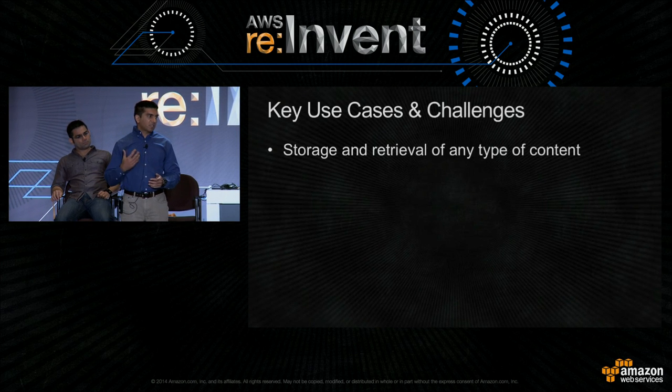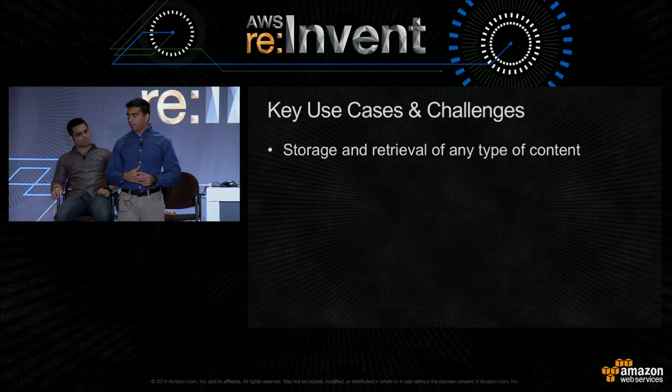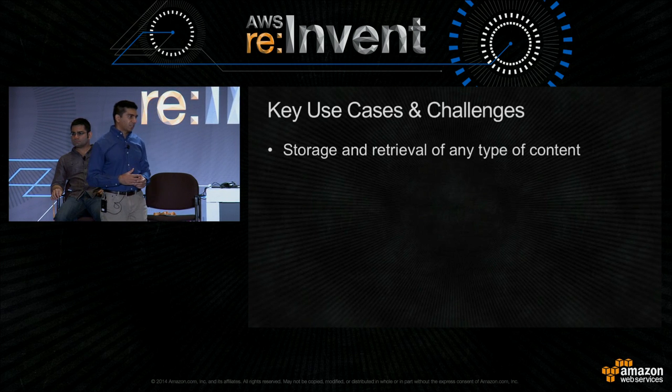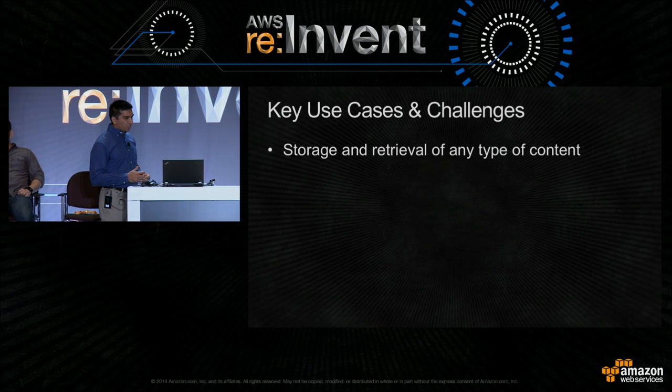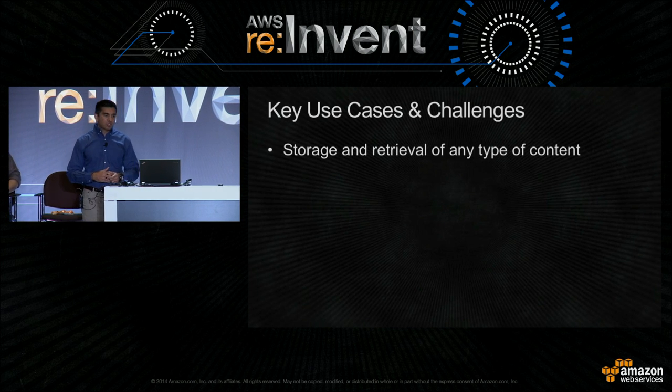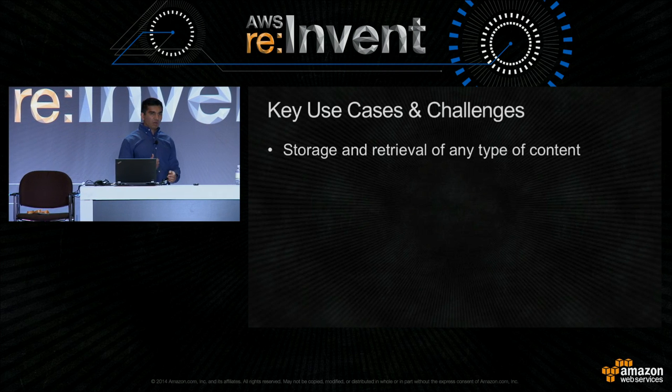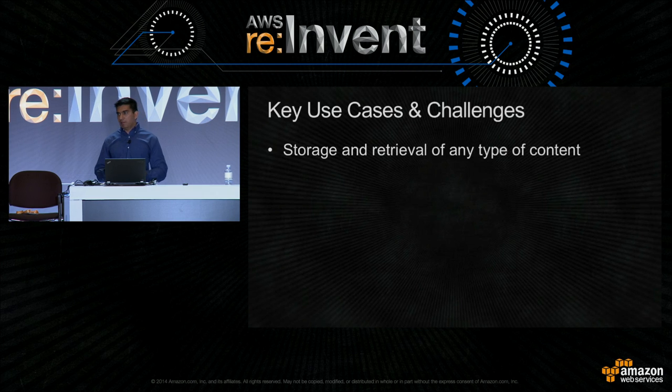The content comes in a large variety, in a very high volume, and obviously at a very high velocity. And so the challenge here is, how do you store this content in such a way that it's durable and available as quickly as you upload it, and we are able to scale to millions of customers at the velocity and volume at which it comes.